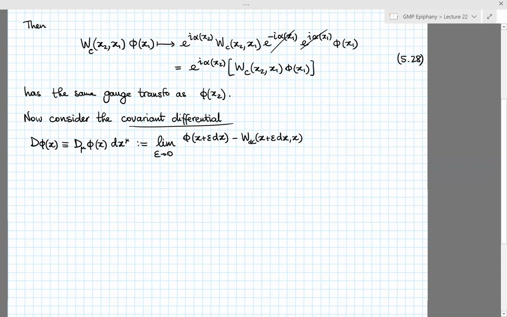And say the Wilson line is along an infinitesimal curve dC. dC is an infinitesimal line element.